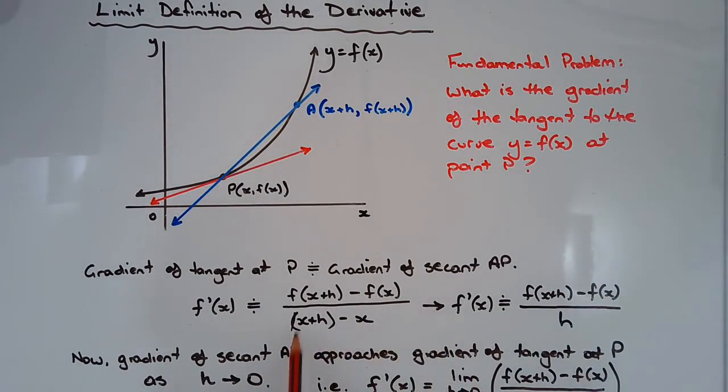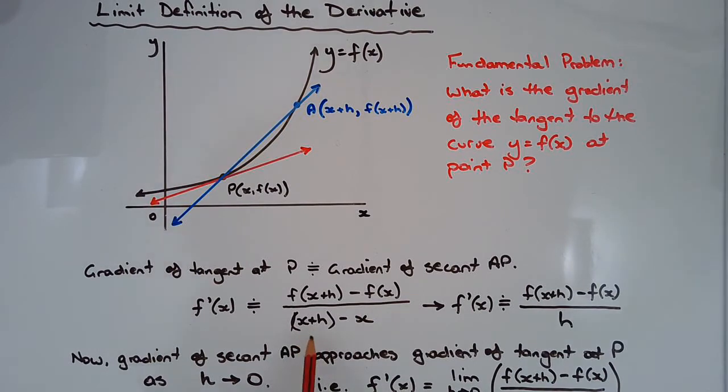Now, I'm going to write this using the proper notation. f dash of x, that just represents our tangent, or the gradient of our tangent, this red line here. So this is f dash or f prime. So f dash of x is approximately equal to f(x plus h) minus f(x) over x plus h minus x. So that's y2 minus y1 over x2 minus x1.